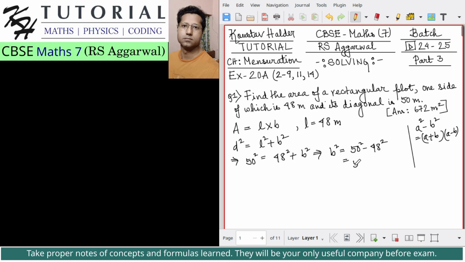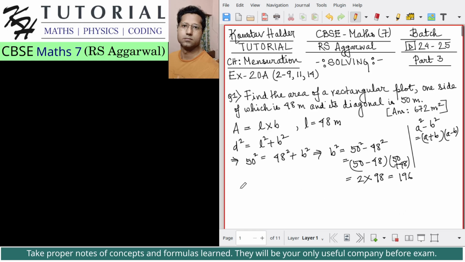So this will be 50 minus 48 multiplied by 50 plus 48. So this is equal to 2 multiplied by 98, which is equal to 196.